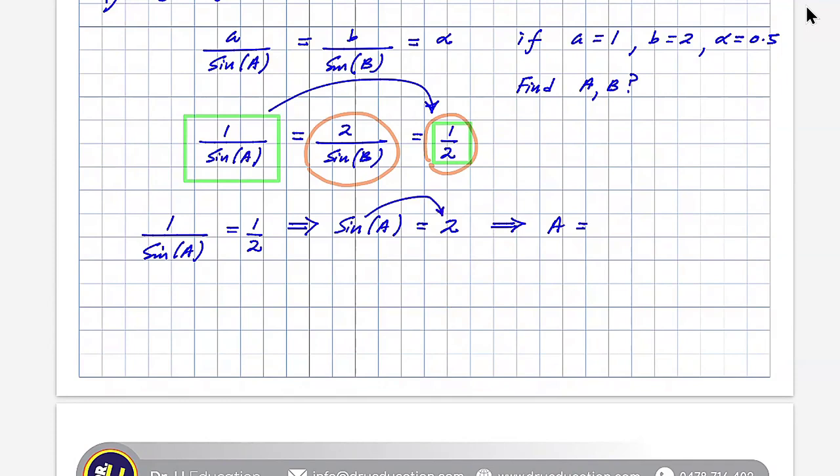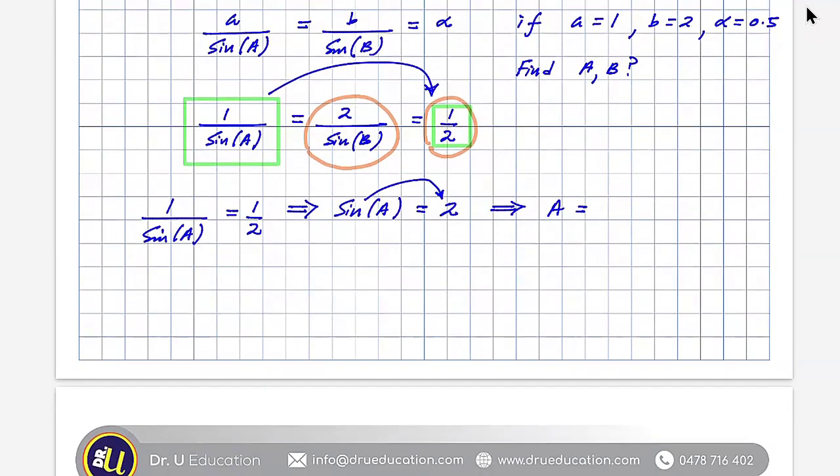The details I will teach you later, next year maybe. This concept is about inverse functions. So when sine comes to the other side, it's going to be sine inverse 2. That's the answer. If you check your calculator, this sine inverse is there. We can calculate that later.